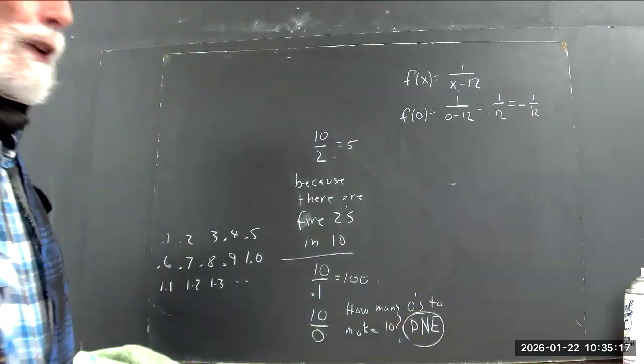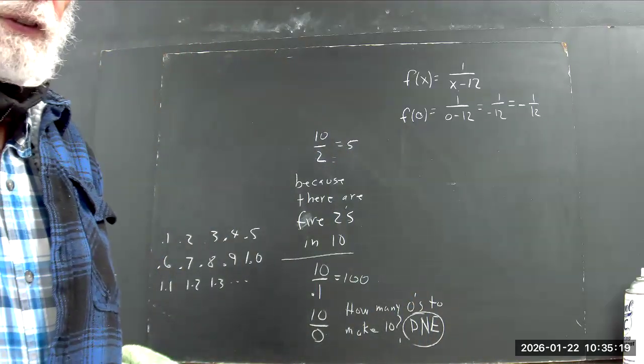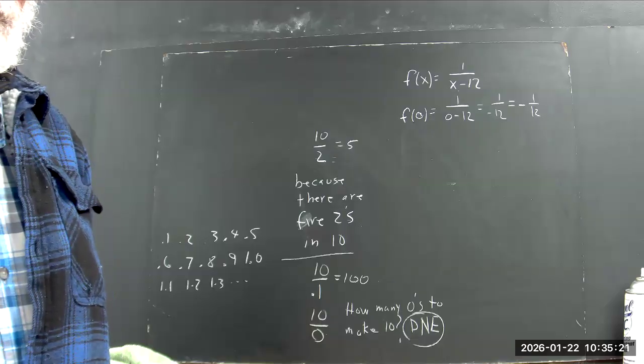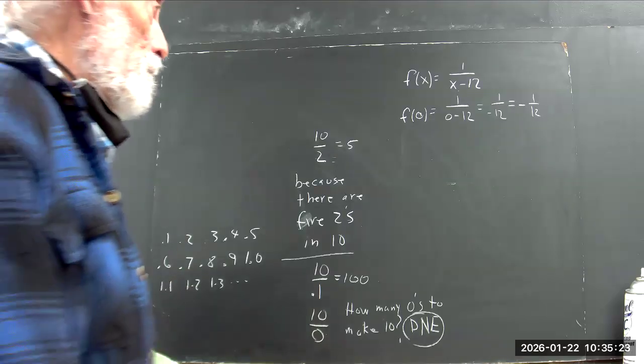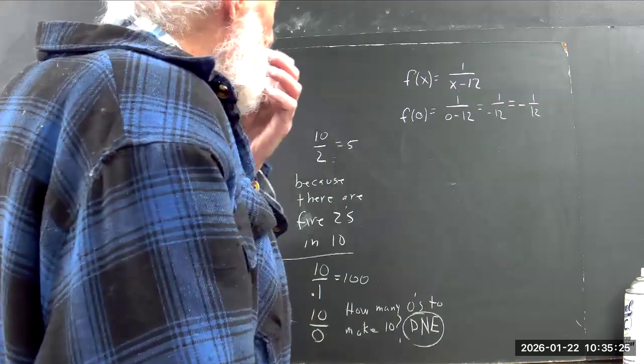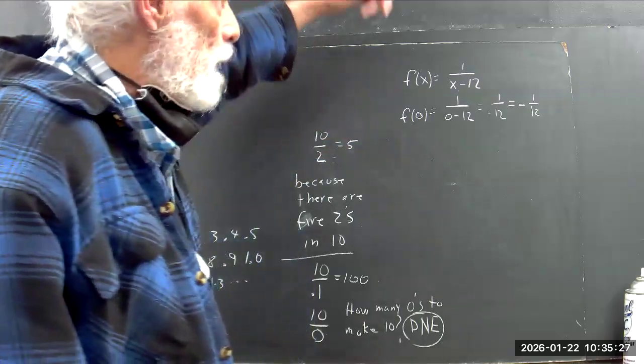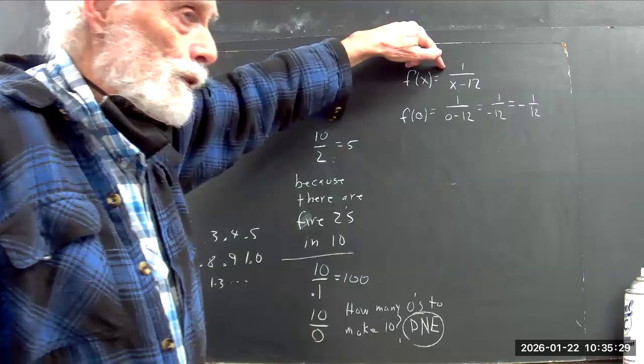The answer does not exist because you can't make 10 out of zeros. Is there a value of x that would make this thing 0?